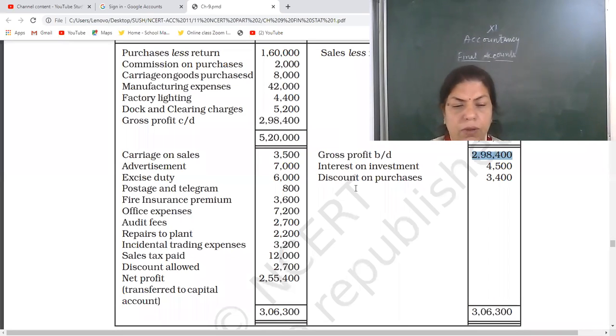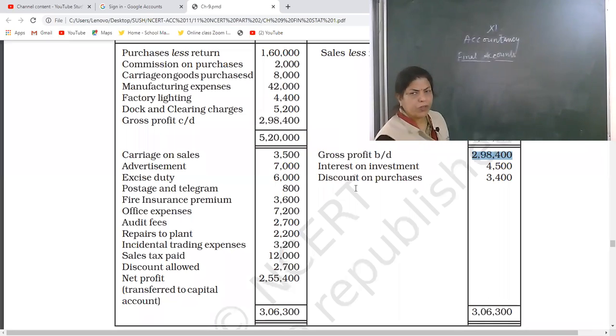Now how to calculate net profit? Okay, I will show you. This is the problem many students are asking. So, how to calculate gross profit? Look here. Gross profit is equal to total of credit minus total of debit. Total of credit side is 5,20,000.